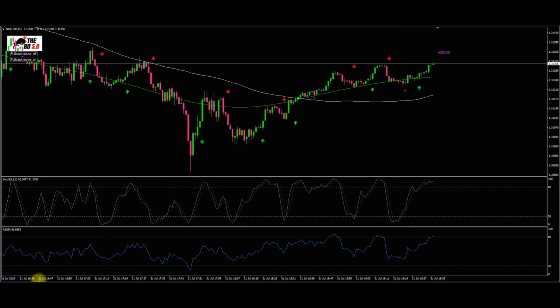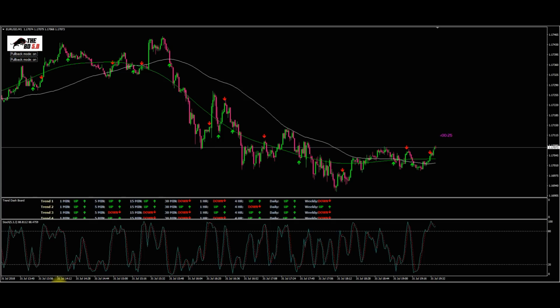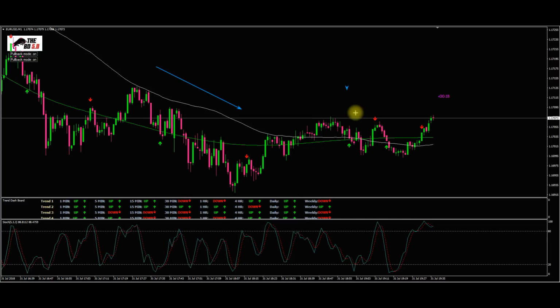So, let's find you some more trades. Again, I don't quite like this pair, it's a bit choppy. I'm looking for, okay, here, perfect. Here's a perfect example again. Price heading down, it's just crossed here. We're now heading into an uptrend.